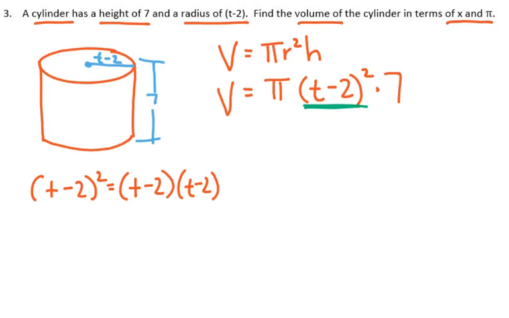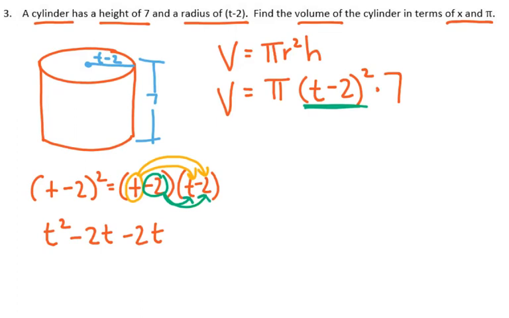So if I double distribute, I'm going to get a t times a t, which is equal to t squared. I get a t times a negative 2, which is going to be a negative 2t. And then when I distribute my negative 2, I get negative 2 times t, which is negative 2t.